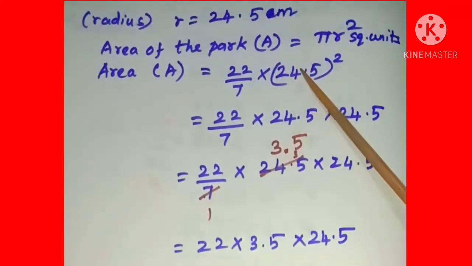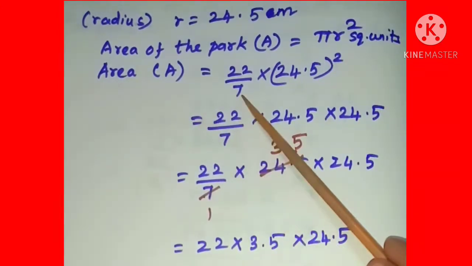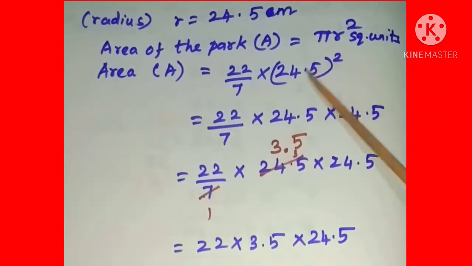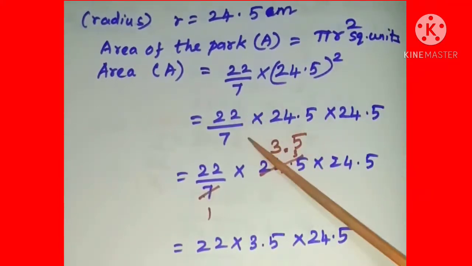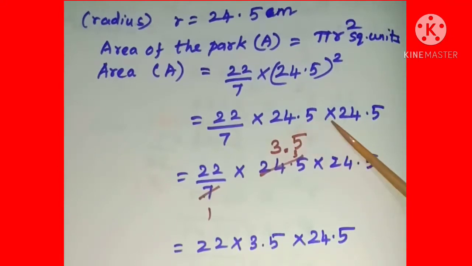So the area of the park, we know, is pi r square units. So now A is equal to pi. What is the value of pi? That is 22 by 7 into r, which is 24.5, whole square. In the next line, it becomes 22 by 7 into 24.5 into 24.5 because of the square.